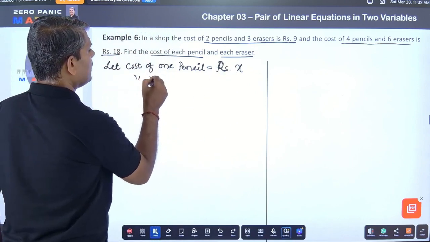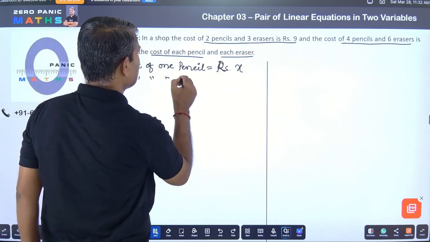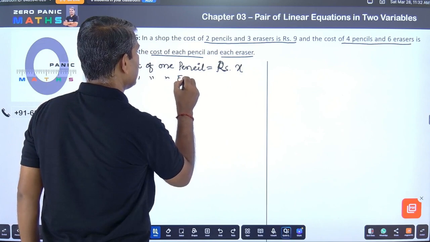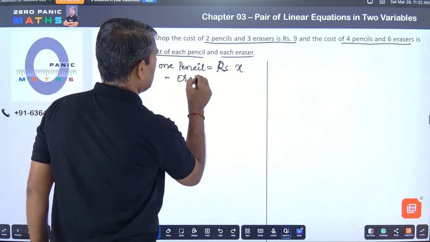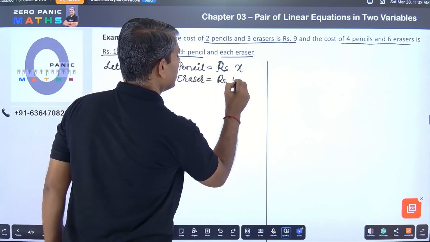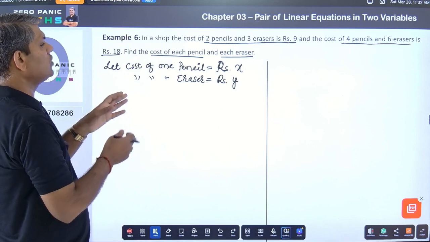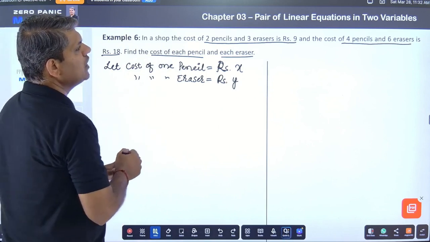And cost of one eraser, it is eraser, not pen. Cost of one eraser is rupees y. Since they are currency values, I'm representing it as rupees.